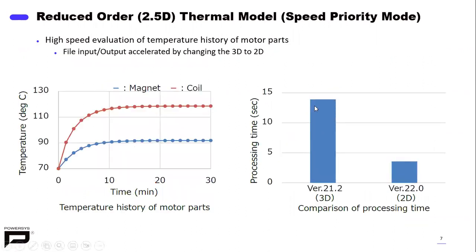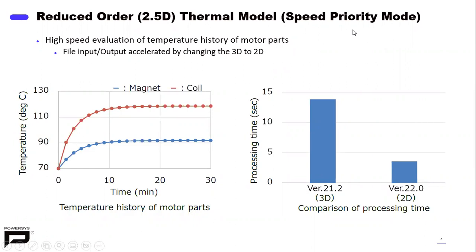The interesting feature of version 22.0 is the reduced order thermal model, with which, with the help of 2D itself, we can compute the thermal analysis along with the electromagnetic analysis. So it is a quick processing of things, which is why it is called speed priority mode. It is in no way connected with efficiency mapping.